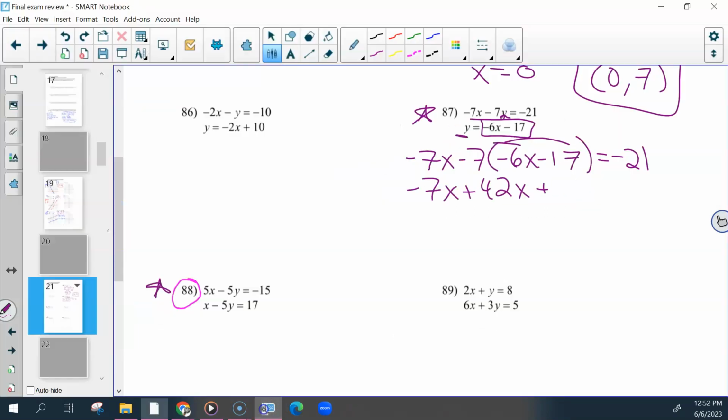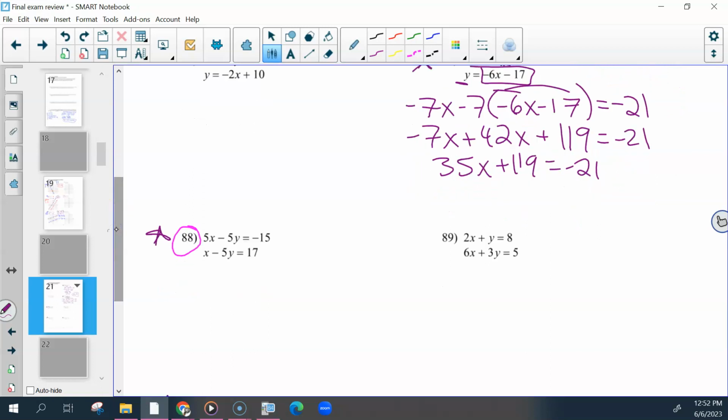119. Combine your like terms and then start to solve for x. Get rid of the 119, subtract it to the other side.